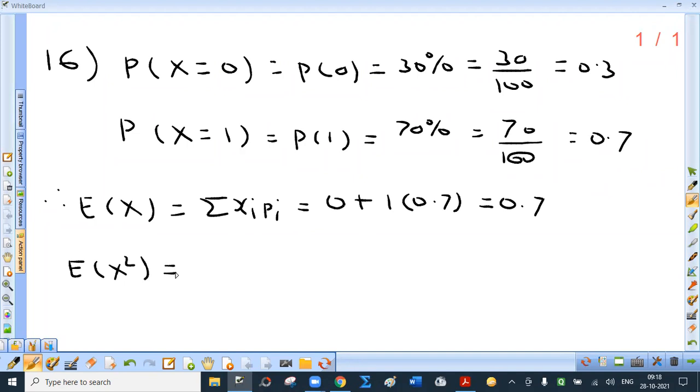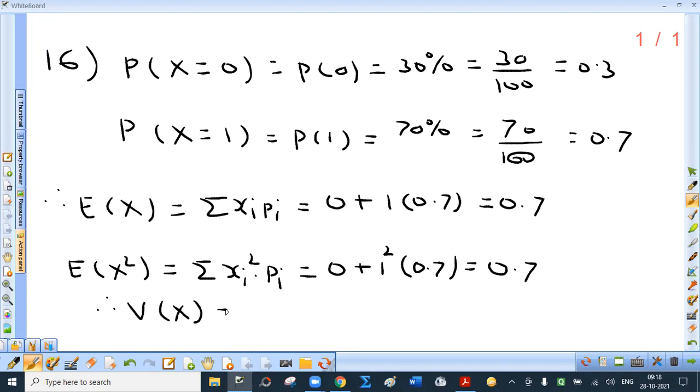What is E of x square? Sigma x square into p. So again, first part equal to 0 plus 1 square into 0.7. So it comes out to be 0.7.